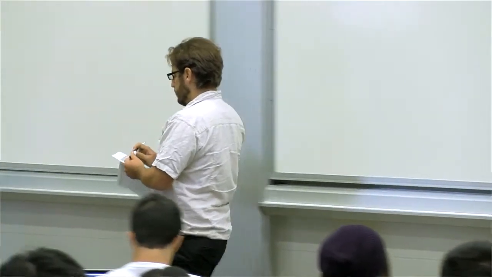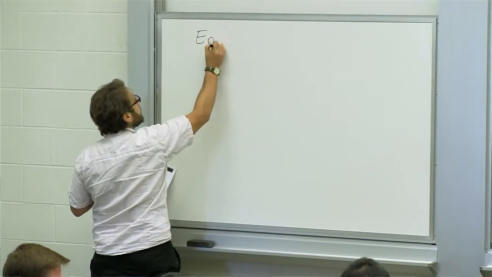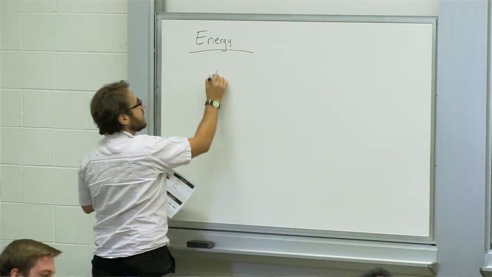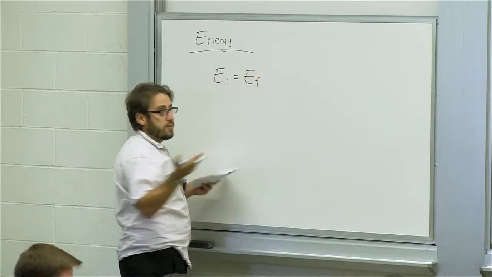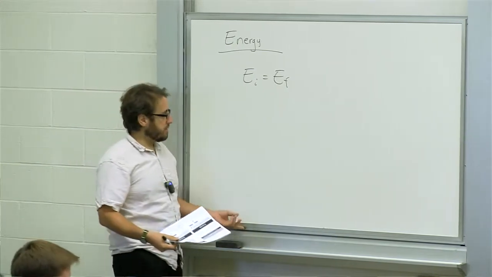So remember, we're dealing with energy and work, right? The way I always start solving these problems is using conservation of energy. Energy turns from one kind into another kind.